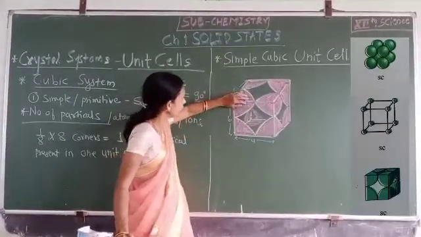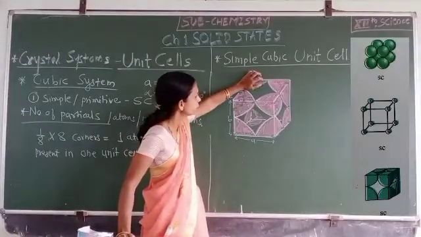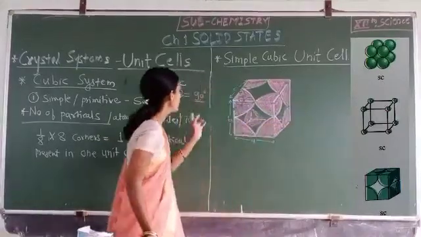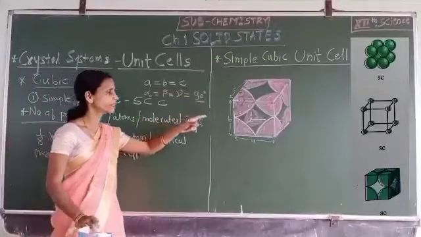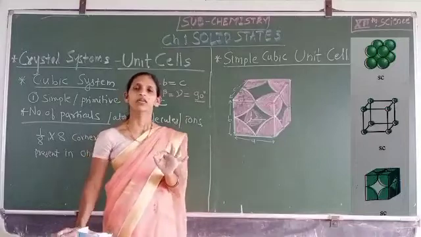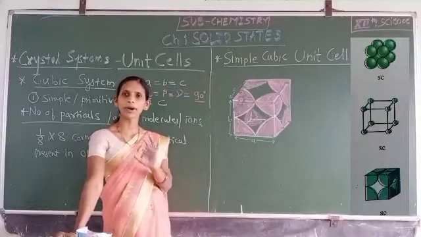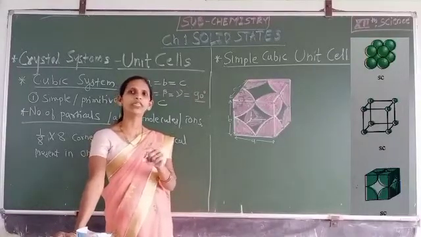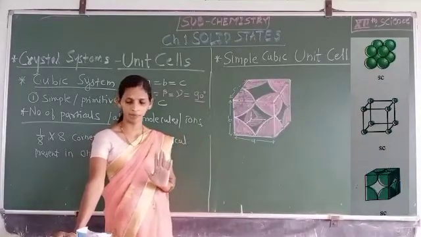Like that, 1/8 part at this corner, 1/8 part of a particle at the second corner. Like that, at 8 corners it becomes a total of 1 atom present in the simple unit cell. That means the total number of particles, that is 1 atom or 1 particle or 1 ion, is present in 1 unit cell of the simple cubic unit cell.